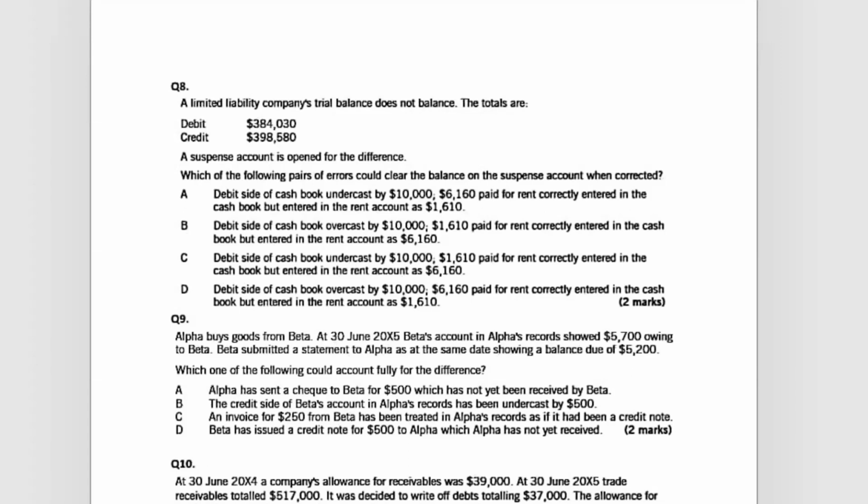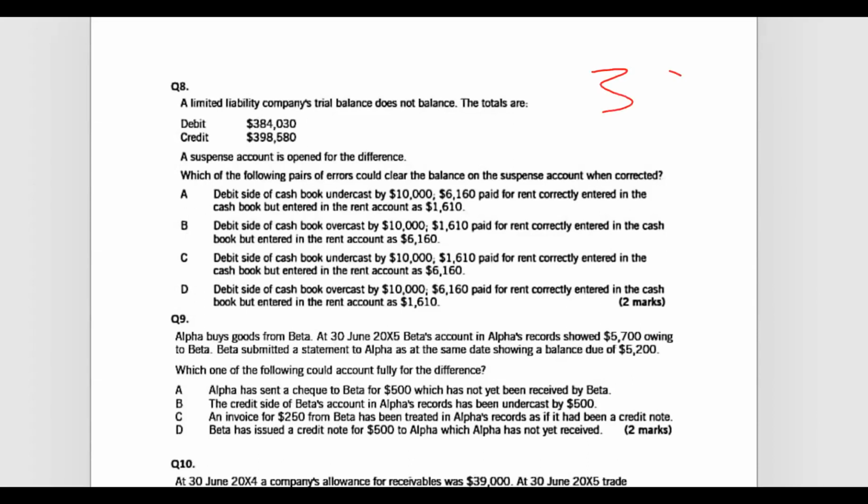Okay, so question 8: a limited liability company's trial balance does not balance. The totals are $384,030 and $398,580. A suspense account is opened for the difference.